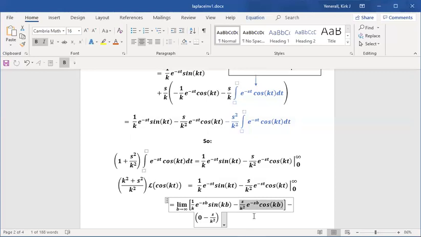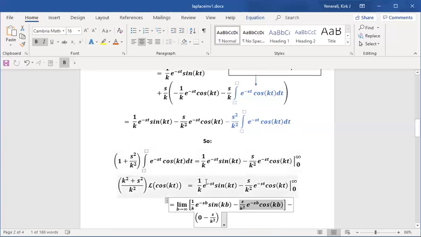Well, the cosine and the sine functions are bounded. They always have a value that stays between -1 and 1. And because they are bounded, and because the exponential term is going to 0, that means that both of those terms in the limit are going to go to 0. That means the only thing that'll be left will be what we get when we evaluate the functions at 0.